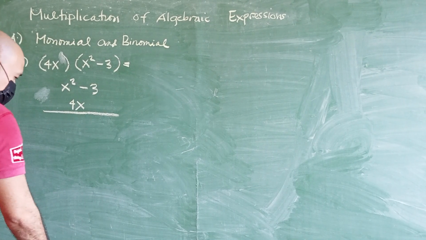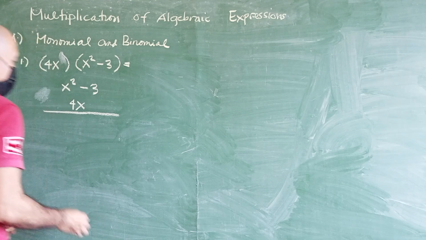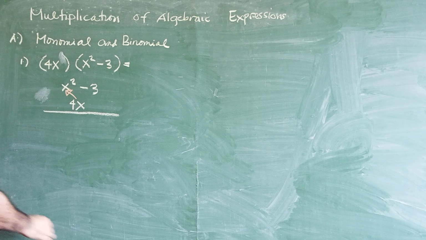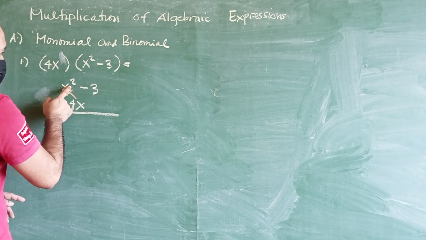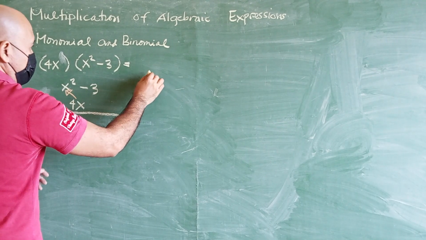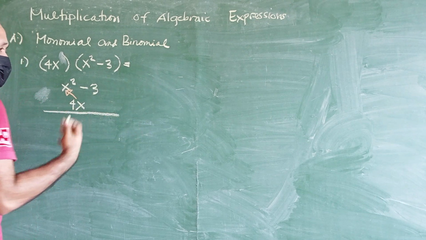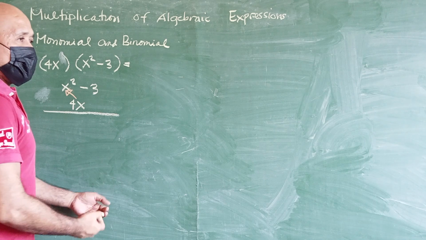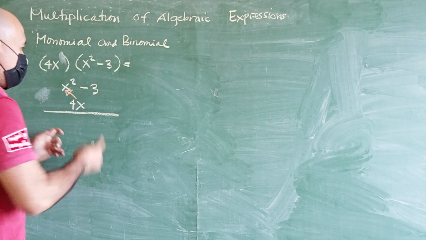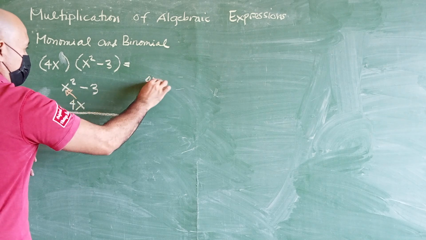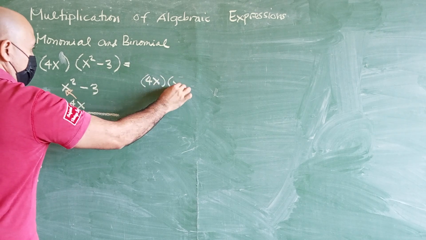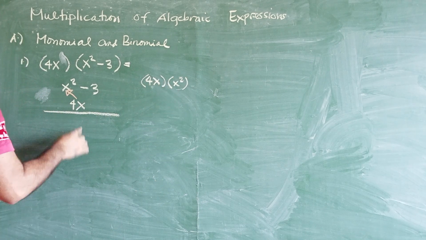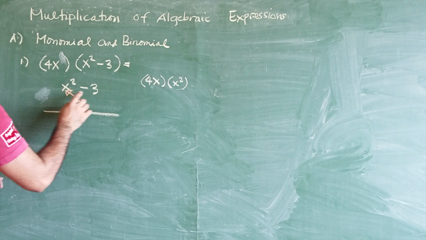The first thing you do is multiply 4x to the first term of the upper line, so 4x times x squared. If you have not yet mastered the multiplication of monomials that we discussed a while ago, you may recall it here.